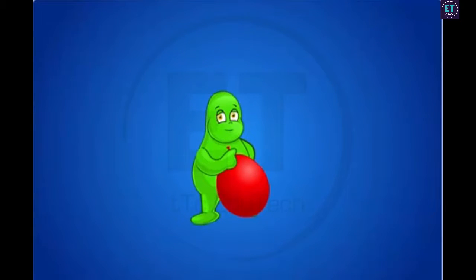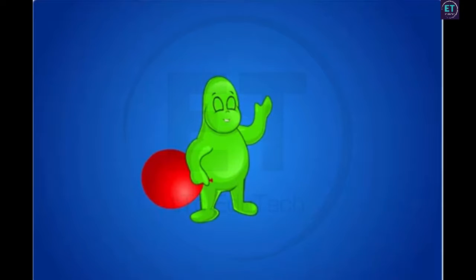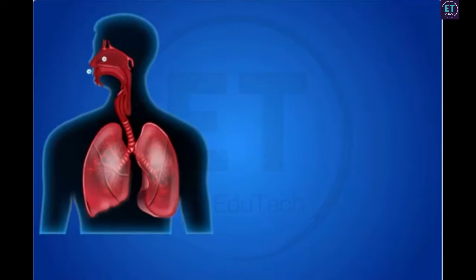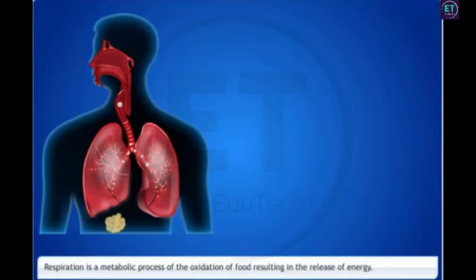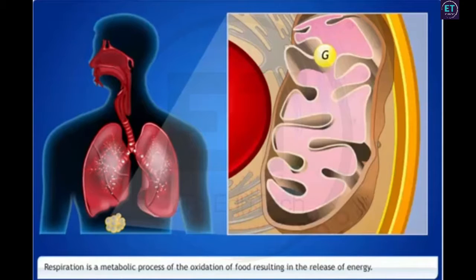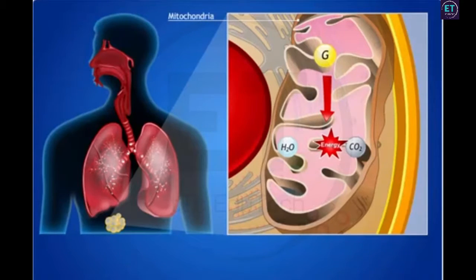I don't understand. We breathe in oxygen, but breathe out carbon dioxide? We breathe or inhale oxygen, which then diffuses into the tissues and breaks down glucose and produces energy. This results in the formation of carbon dioxide and water.